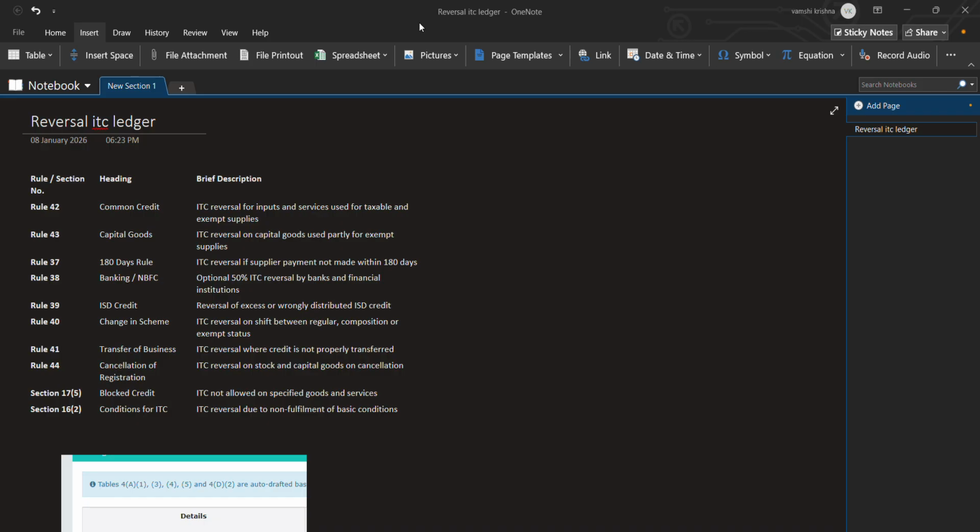And Section 16 subsection 2 says we can claim input only if we are in possession of a tax invoice, and next, the goods or services are actually received. And second, it must be reflecting in our GSTR-2B.